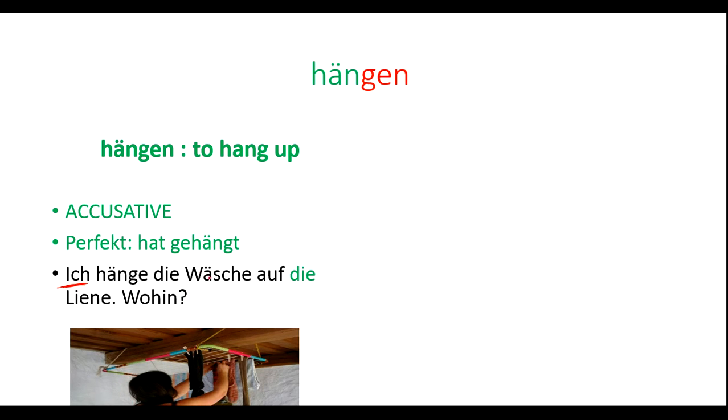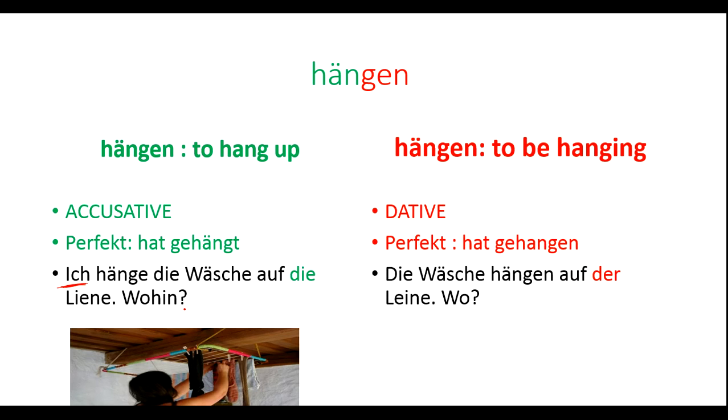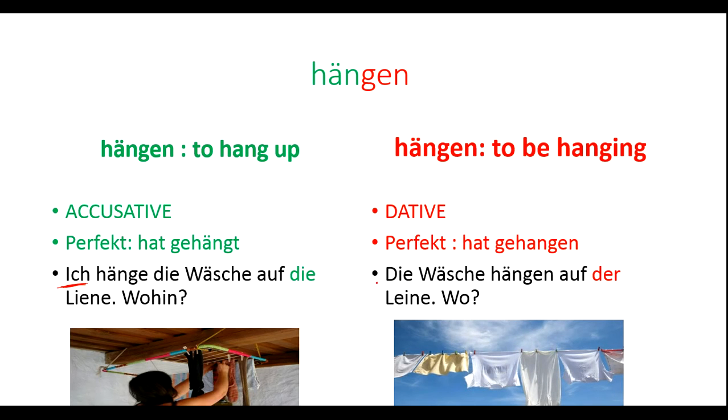I hang the clothes on the line. Auf die Leine. Hängen, to be hanging. Dative, perfect is hat gehangen. Die Wäsche hängt auf der Leine. Wo? Then it's die Wäsche, starting not with a person. It's a dative case.